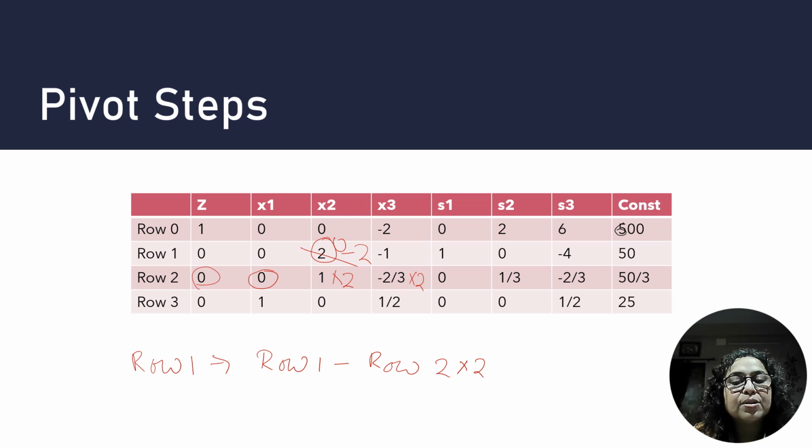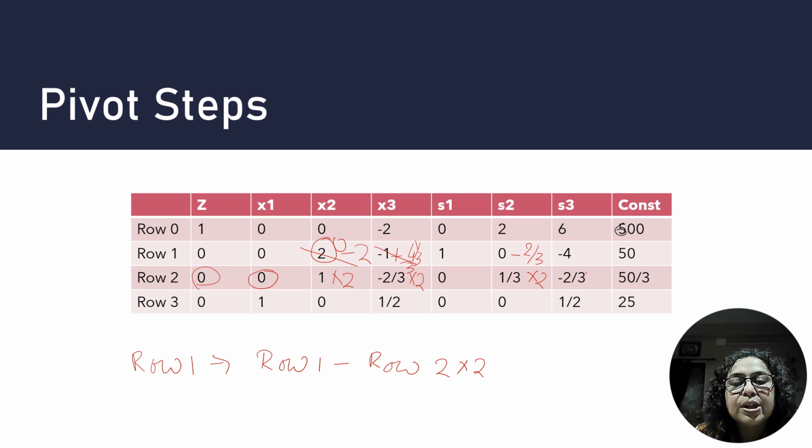If I deduct this, I get 4 by 3. So I have 1 and 1/3 minus 1, so I'm left with 1/3. Here there is no change. Here again there will be a change. I multiply this with 2 and deduct this from here. So I have 2 by 3, so 0 minus 2 by 3 is minus 2 by 3.